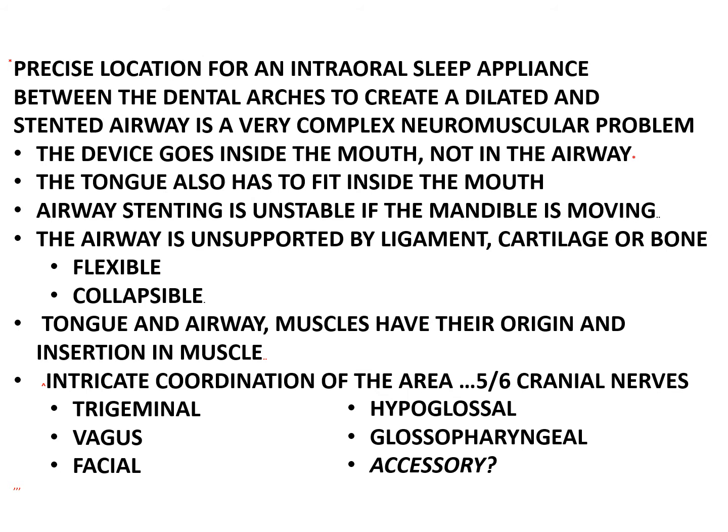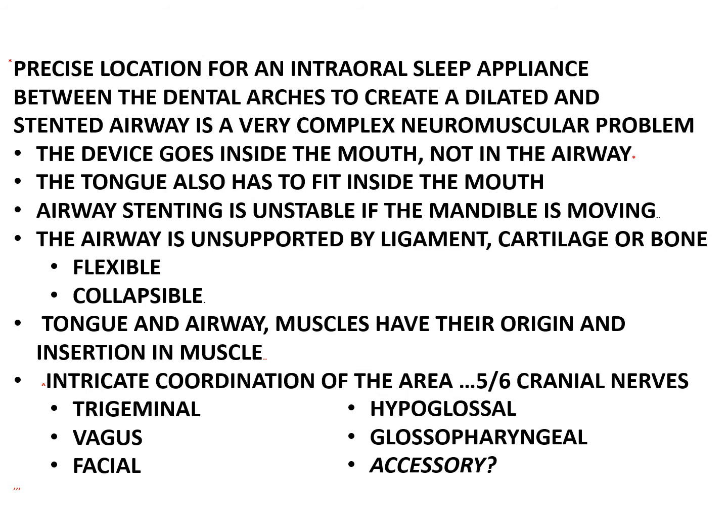Establishing the precise location for an intraoral sleep appliance between the dental arches to create a dilated and stented airway is a very complex neuromuscular problem. The device goes inside the mouth, not in the airway. The airway is downstream from the mouth. The tongue has to fit inside the mouth.